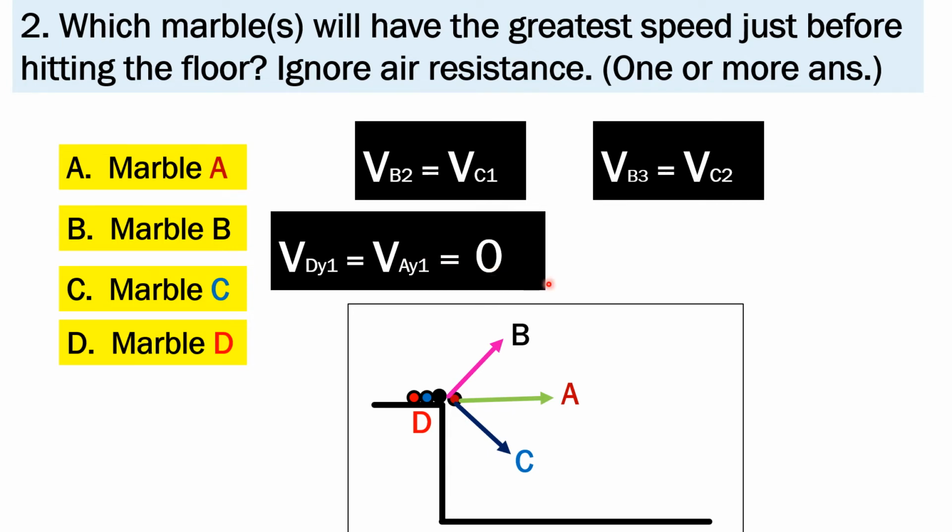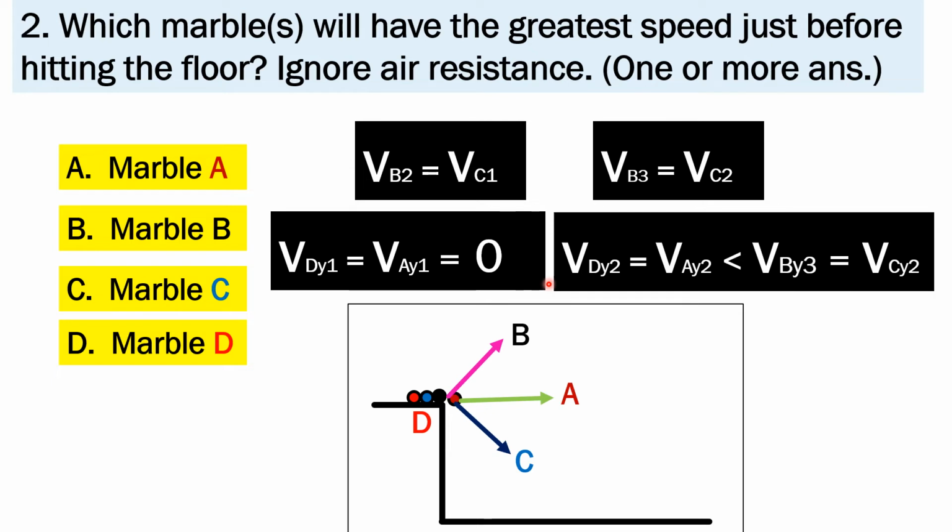All right? But what happens upon reaching the floor? So there you are. V dy means the final velocity along the y of marble D being equal to that of marble A upon reaching the floor.